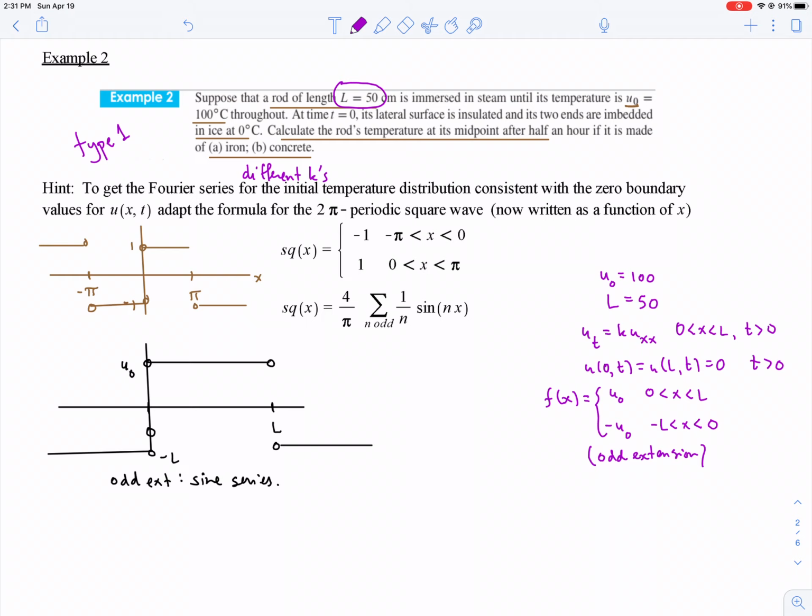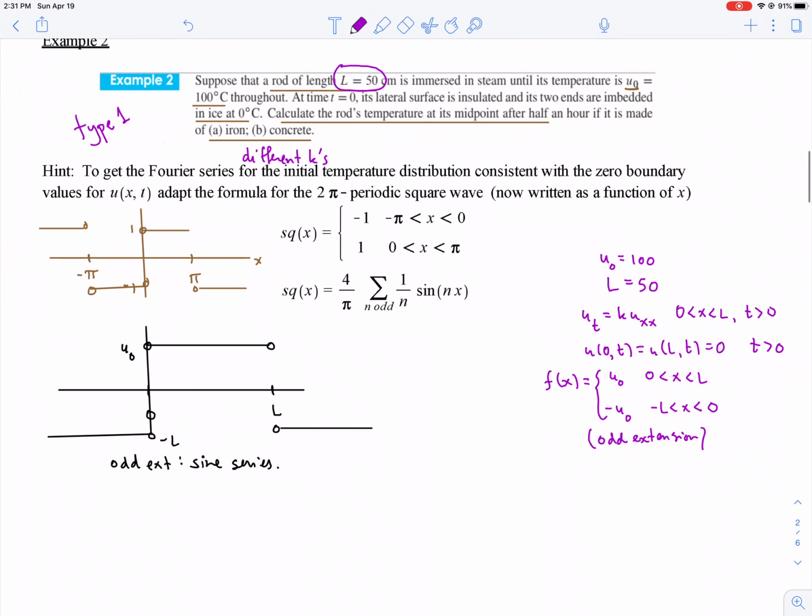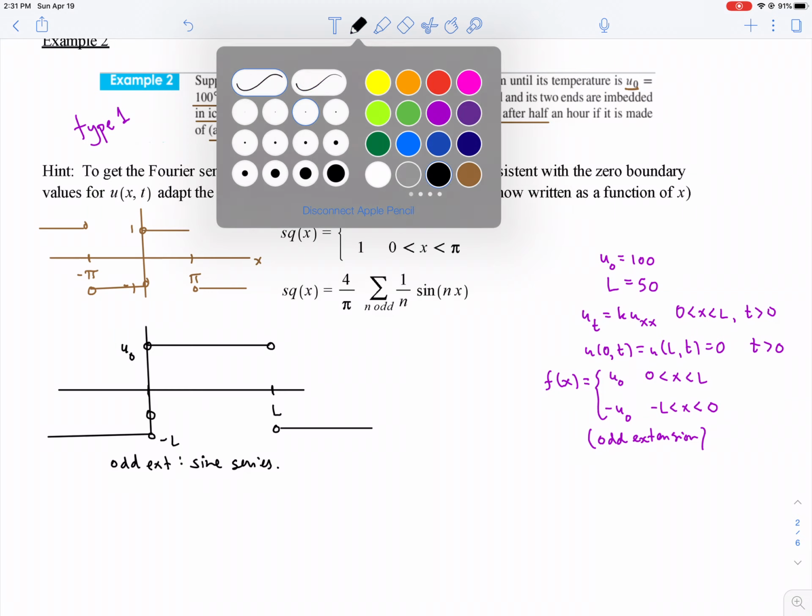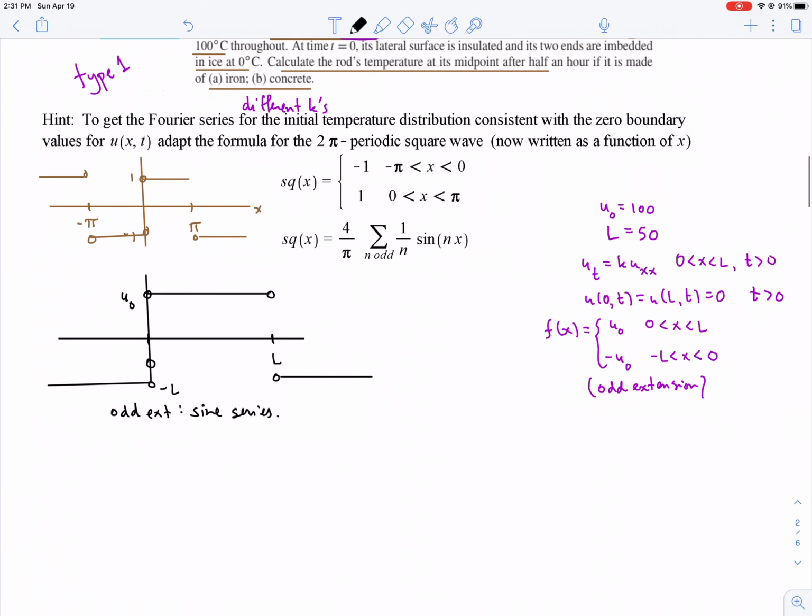Okay, so let's stare at this picture. Let's try to relate f of x to the original 2 pi periodic square wave. Well, in the x variable, we're scaling the interval from 0 to L down to the interval from 0 to pi.